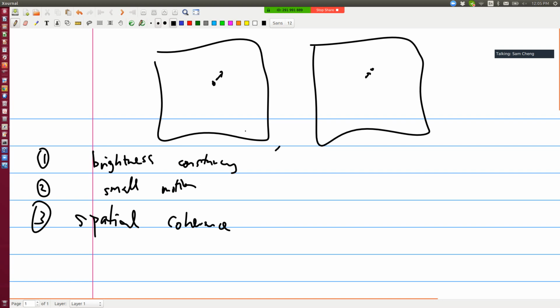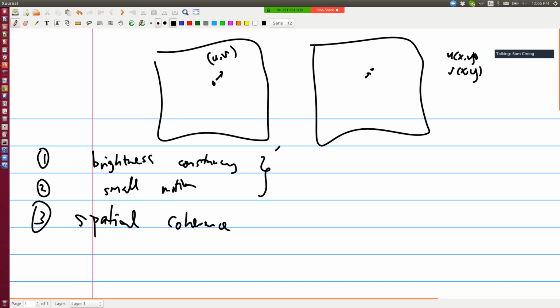With these two, last time we derived a constraint. The flow is this disparity, U and V. This disparity depends on where you are, so U and V are themselves functions, U(x,y) and V(x,y), the horizontal and vertical components.